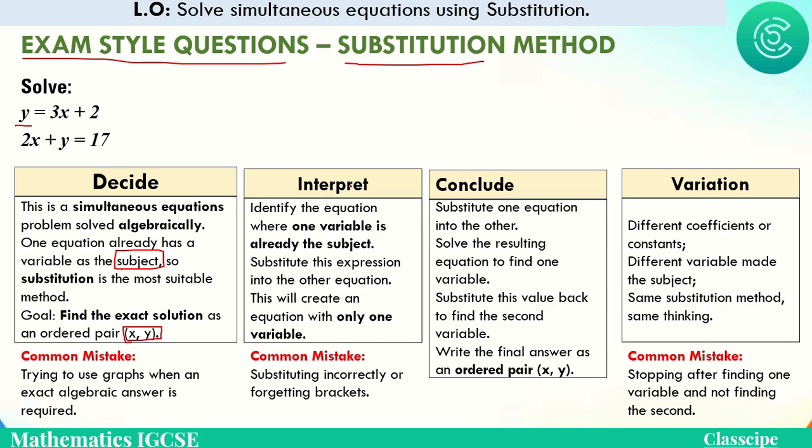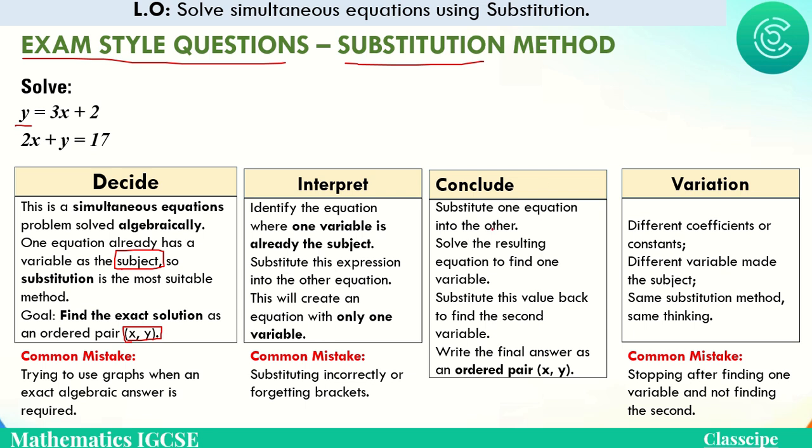Now what we do in interpretation: identify the equation where one variable is already the subject, then substitute this expression into the other equation. This is how the process takes place. After this, it will create an equation with only one variable. And then we will place the values of that in the conclude step.